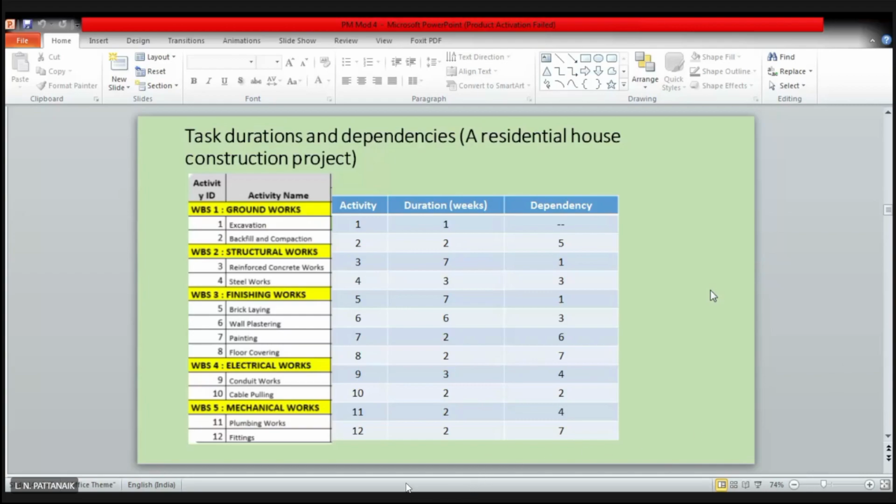You are using steel rods in the RCC or any other structure, and the works which deal with those steel rods also come under the second WBS, that is, structural works. But you have divided the activities now. So 1, 2, 3, 4, they are the activities.